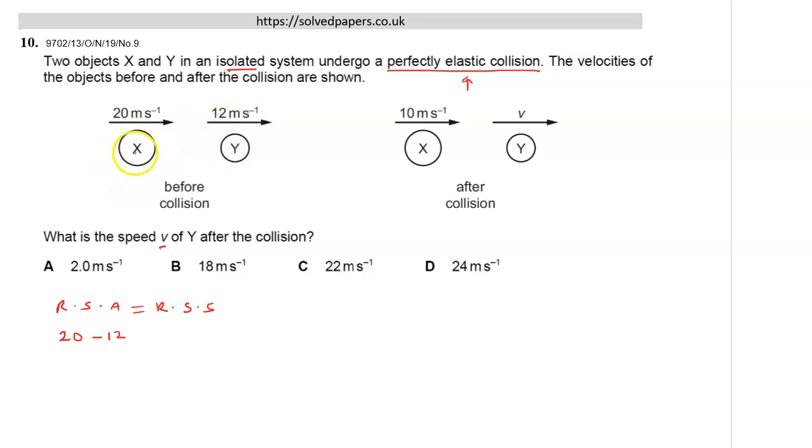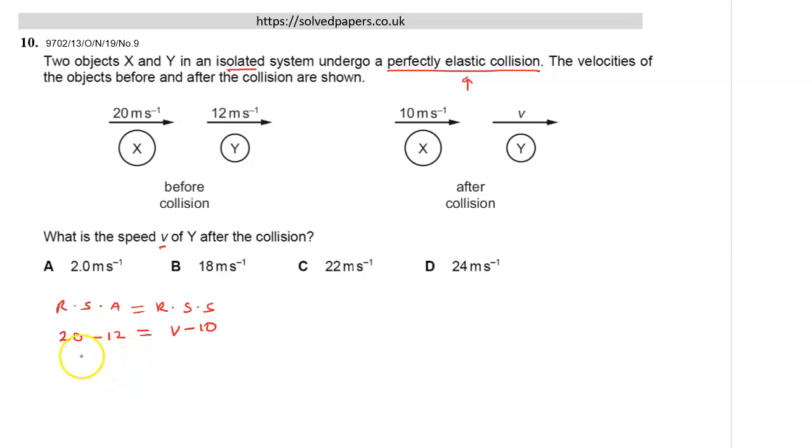It's like you are riding in car X and car Y is in front of you. Then how does the speed of car Y appear to you? You're moving faster, so you take the difference. So 20 minus 12 is equal to 10 minus V, alright? Or you can take it the other way around, V minus 10. Doesn't matter. You just subtract one from the other.